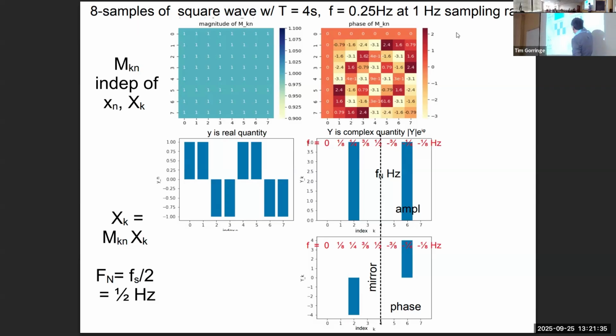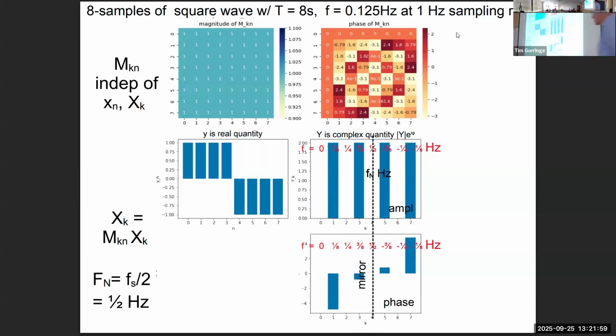So we'd expect to see a signal at 1/4 hertz in the data, and we see it here. And so that's an example of a simple Fourier transform. We just took 8 samples of a square wave, and we saw in the frequency domain data the frequency of the signal. I just wanted to show you one more, just to convince you.